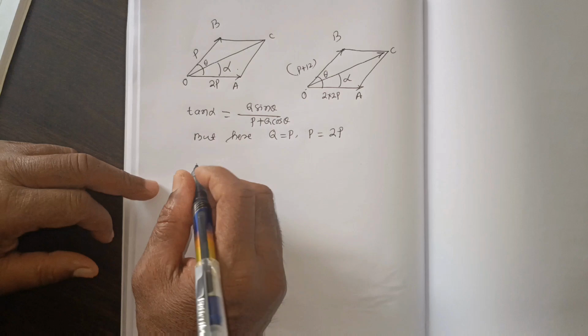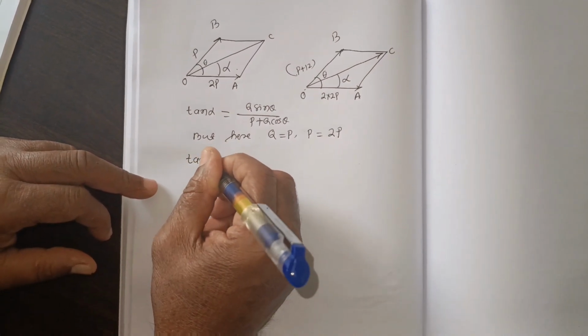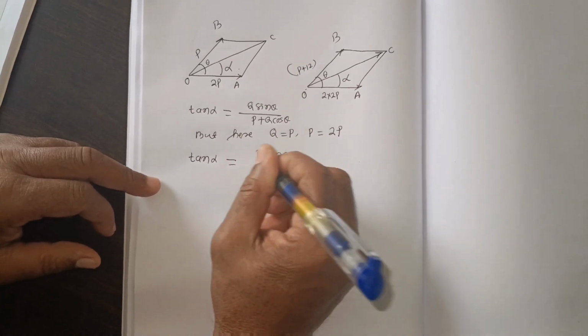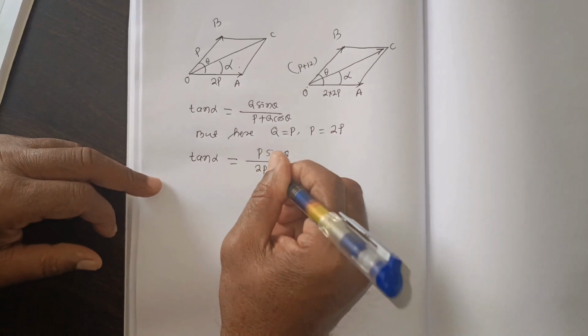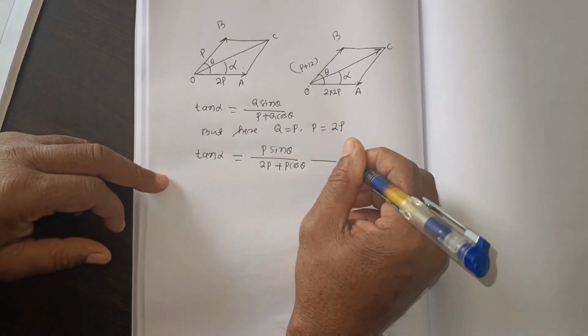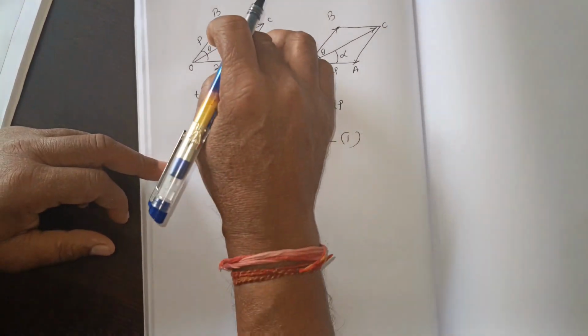Therefore, I am writing tan alpha is equal to p sin theta by 2p plus p cos theta. This is equation 1, the first case.